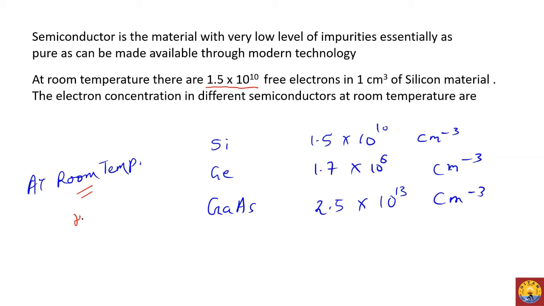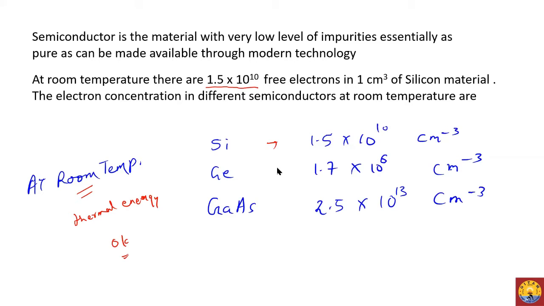Because some thermal energy is provided to the semiconductor, and that gives us free electrons, like 1.5 x 10^10 in silicon. If it is 0 Kelvin, we assume that there are no free electrons in intrinsic silicon.